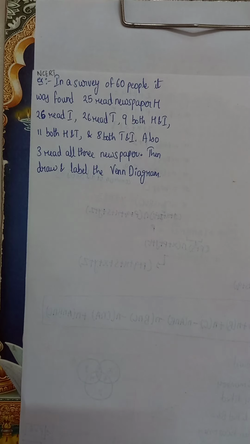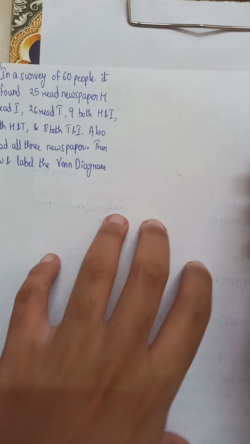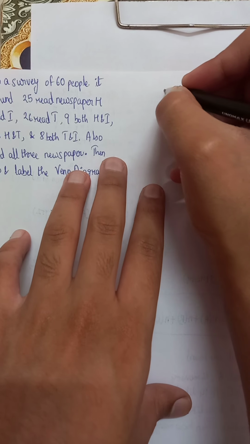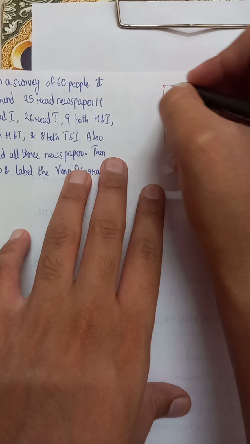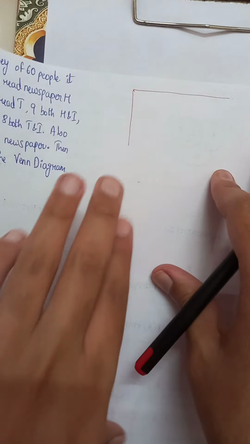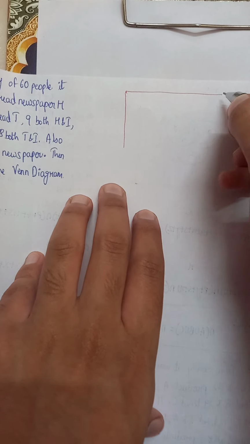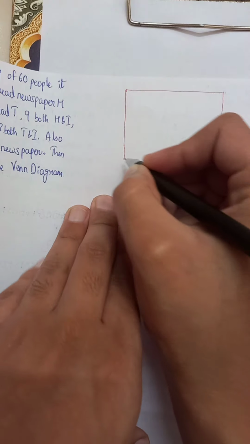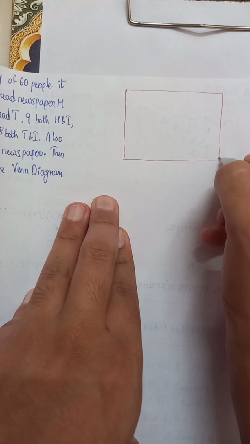So let's start. Let's draw the Venn diagram. This is the universal set.